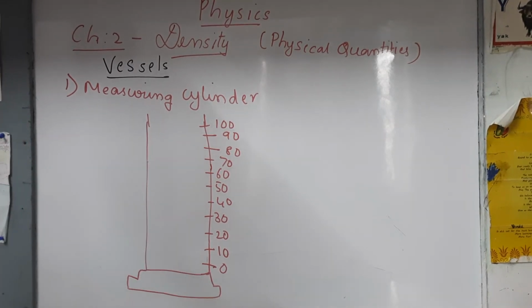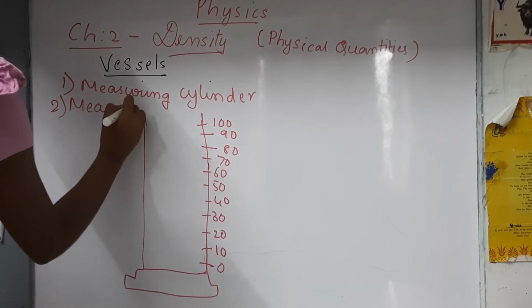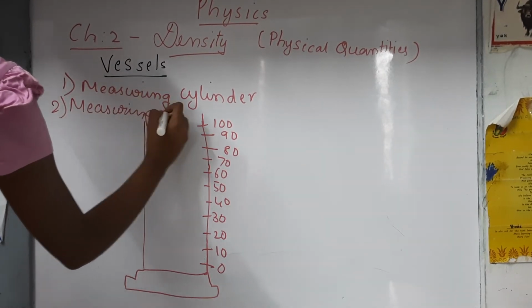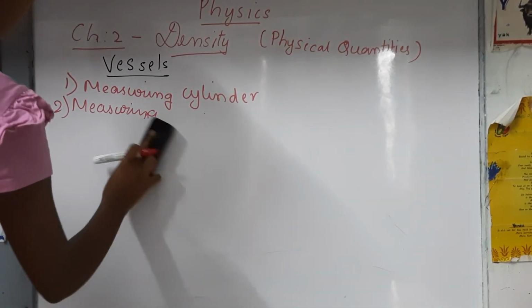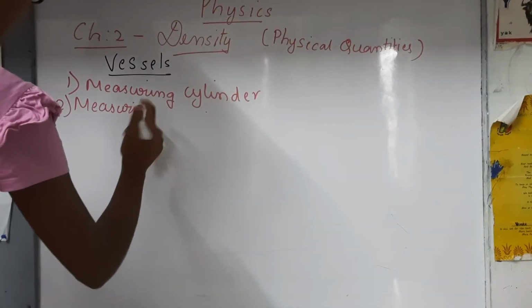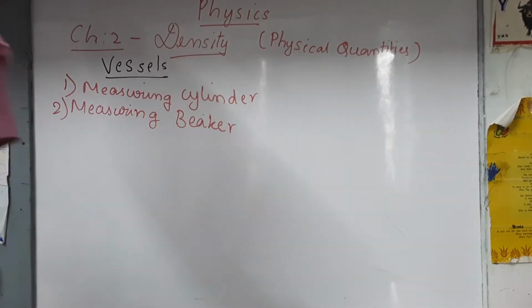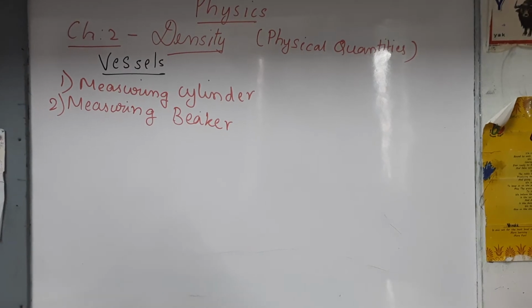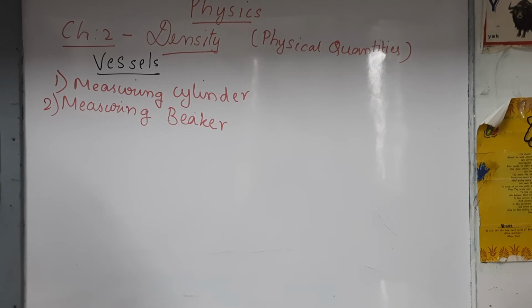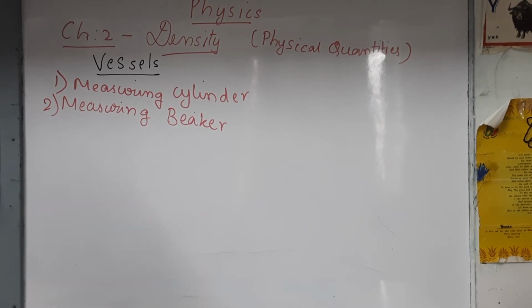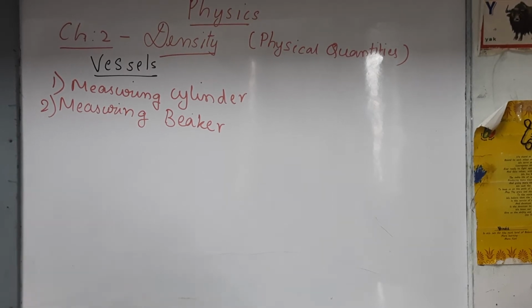After the measuring cylinder, our second one is the measuring beaker. This measuring beaker is made of glass, plastic, or metals like aluminium, and it is used to take out a fixed volume of liquid. Say you want milk, 200 ml only.